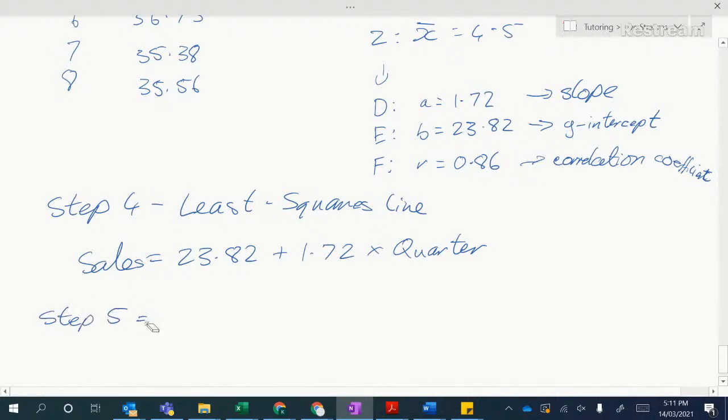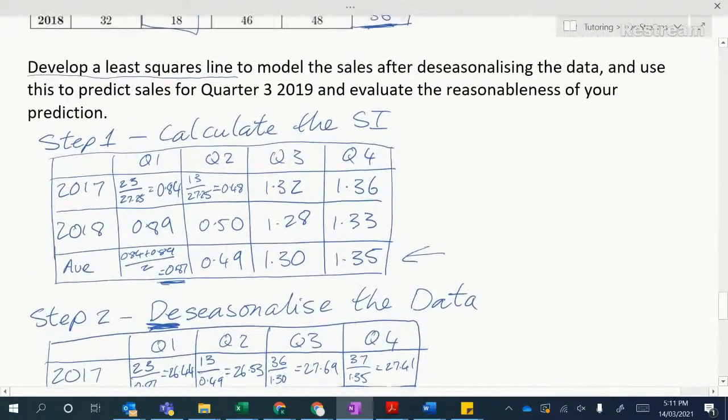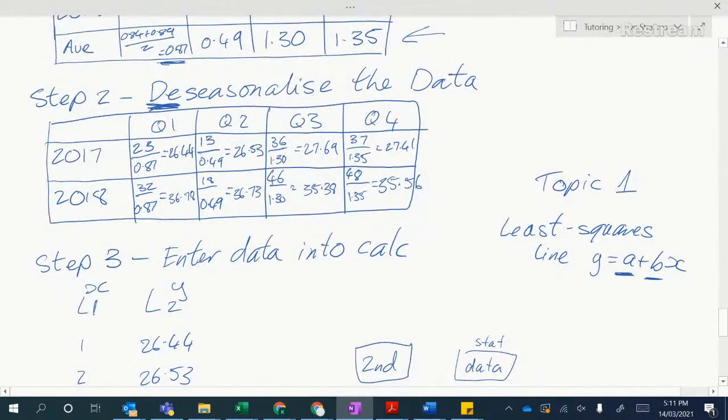Now we can finally make a prediction. If we go back up to the question, it says predict the sales for Q3 of 2019. If you think about it, Q4 of 2018 was 8 in our list here.